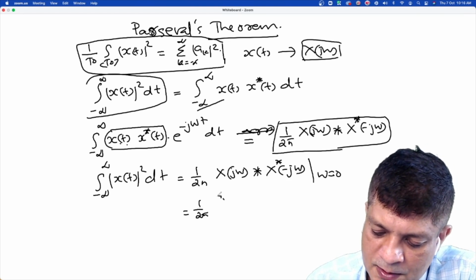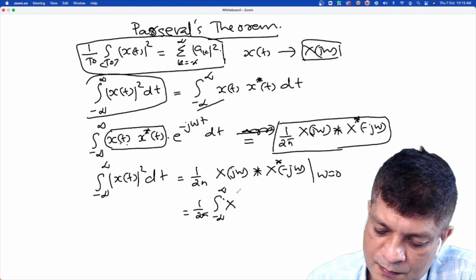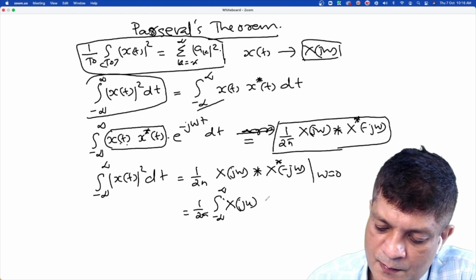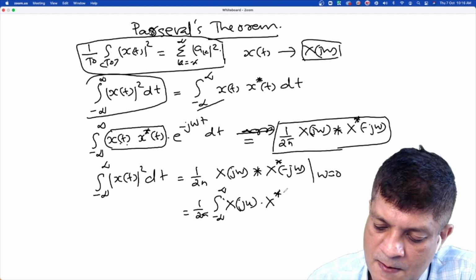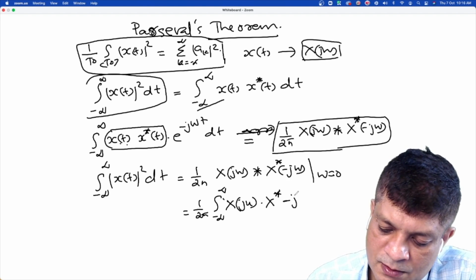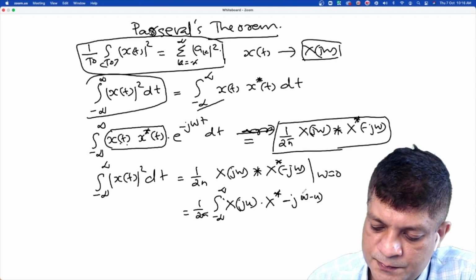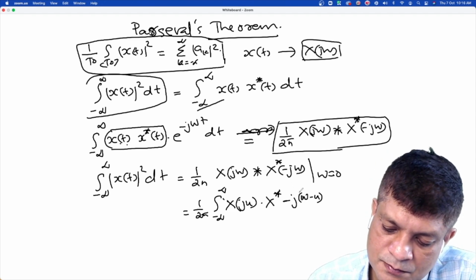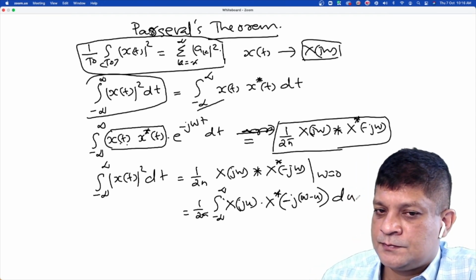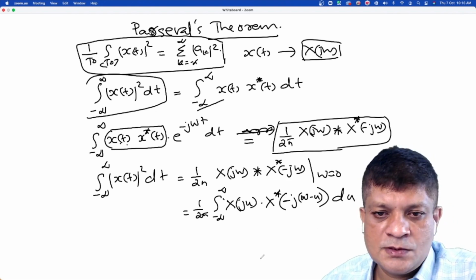Now, what is this integral? 1/2π integral from minus infinity to infinity of X(ju) times X*, with a minus sign here, and you have to replace ω with ω minus u. Is it the convolution integral? Yes, this is a convolution integral.